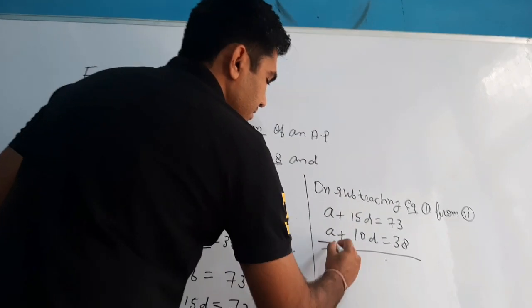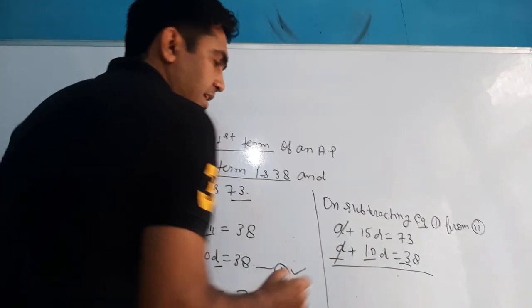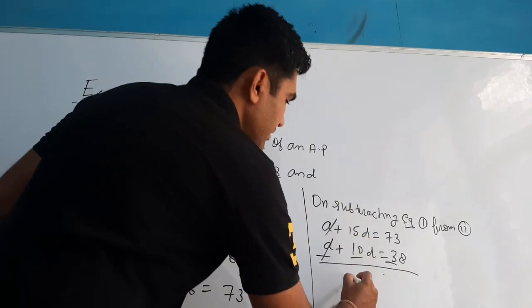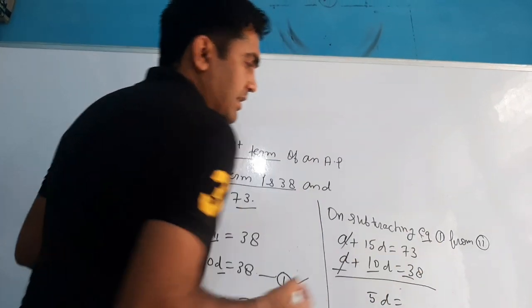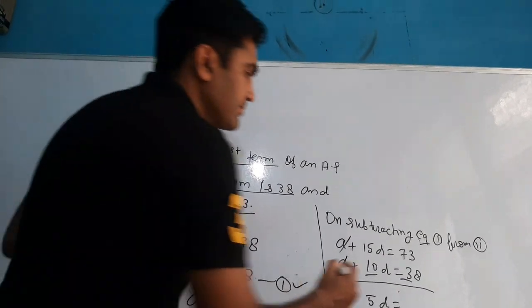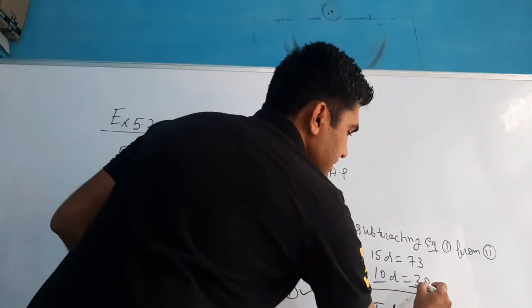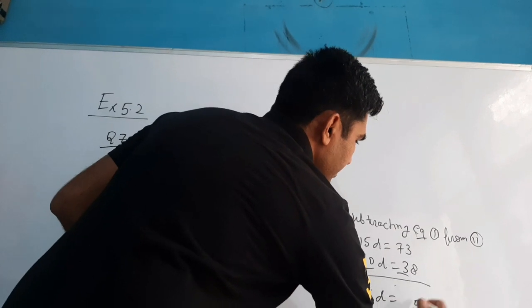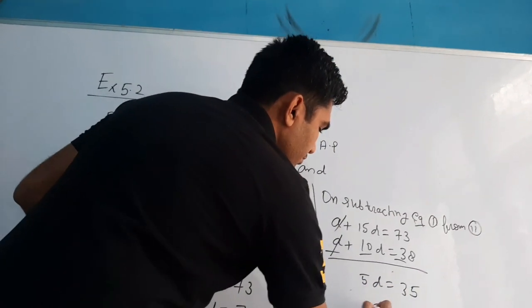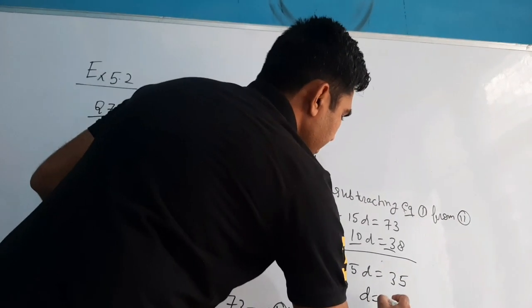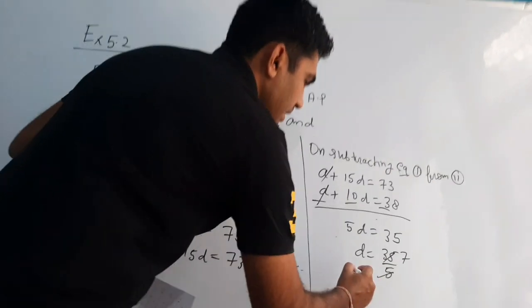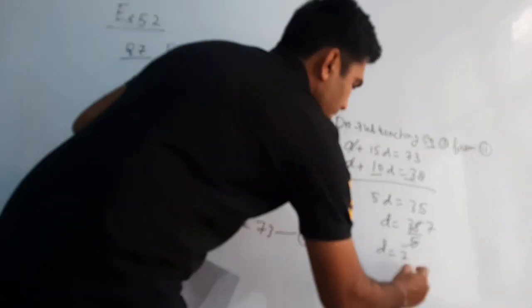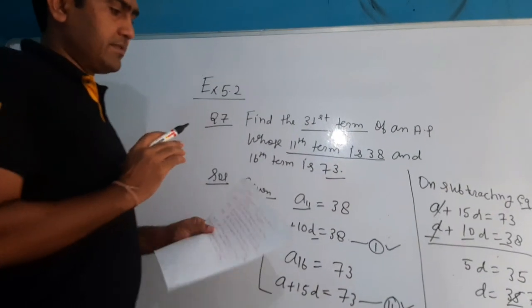If you subtract, A will be cancelled out, you will get 5D equal to 73 minus 38. You will get 35. So D equal to 35 upon 5. 5 7 ja 35. So D is equal to 7.